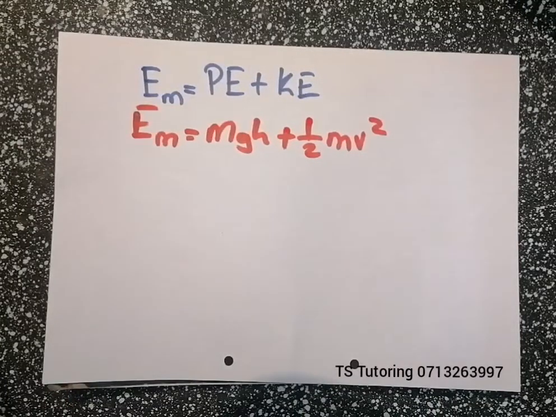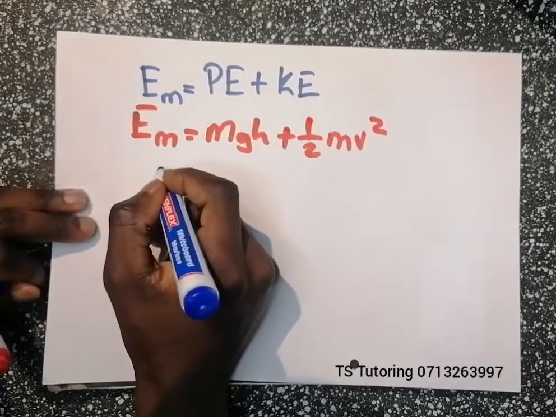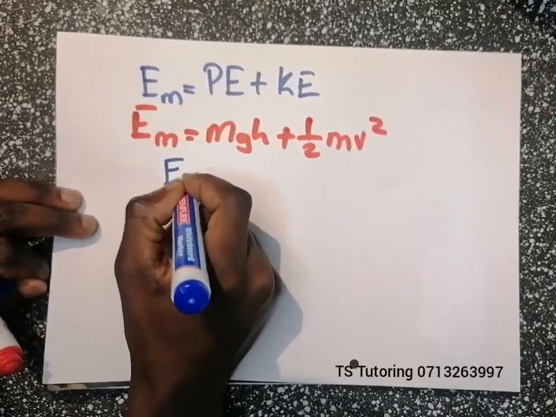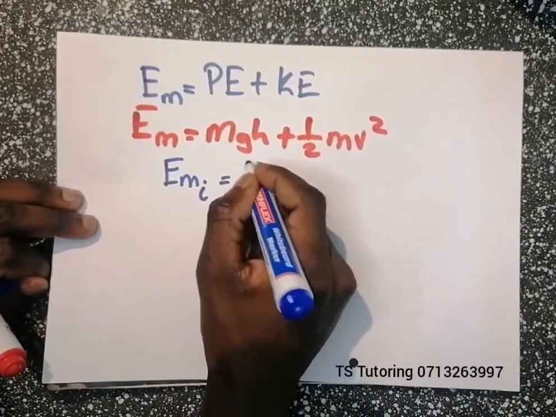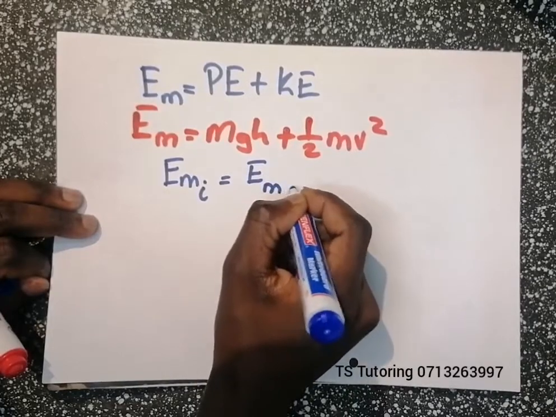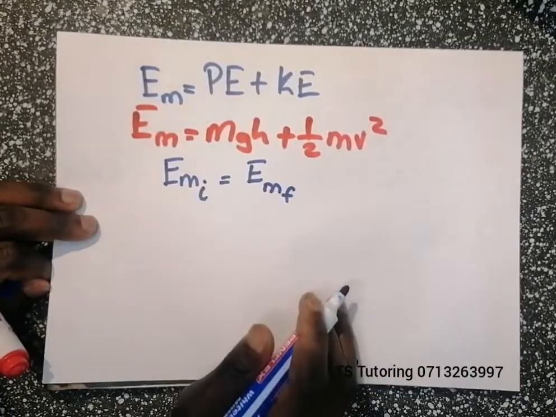But now, with the conservation of mechanical energy, we are saying that the initial mechanical energy, we can use I for initial, will be equal to the final, so F for final mechanical energy.